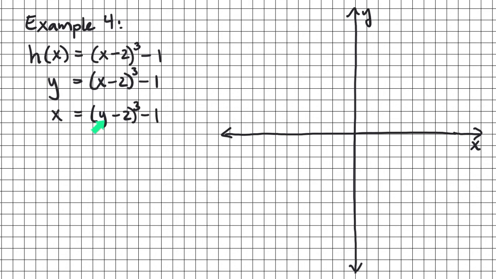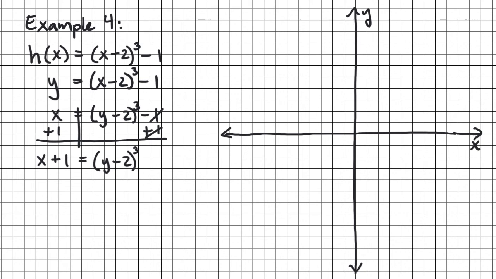So I want to get y by itself. So I need to move the 1 first. So the opposite of minus 1 is plus 1. I get x plus 1 equals y minus 2 to the third power. Then the minus 1 and the plus 1 right here will cancel.